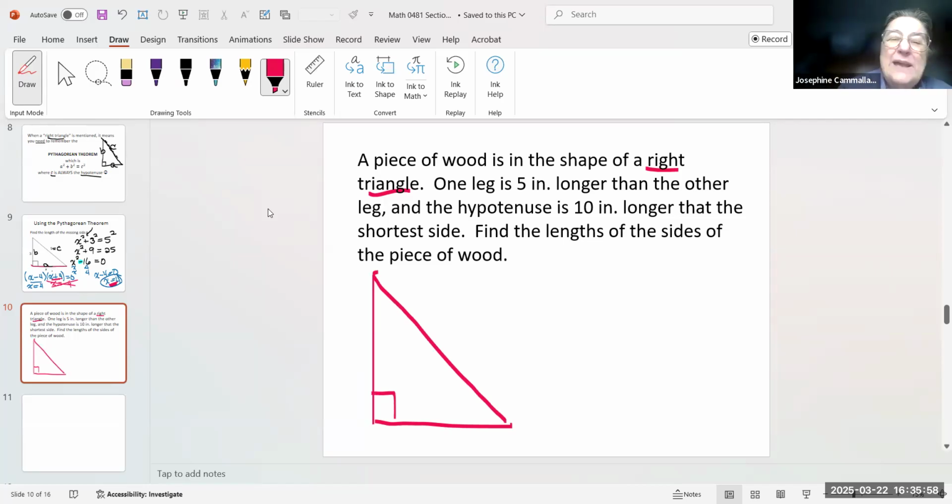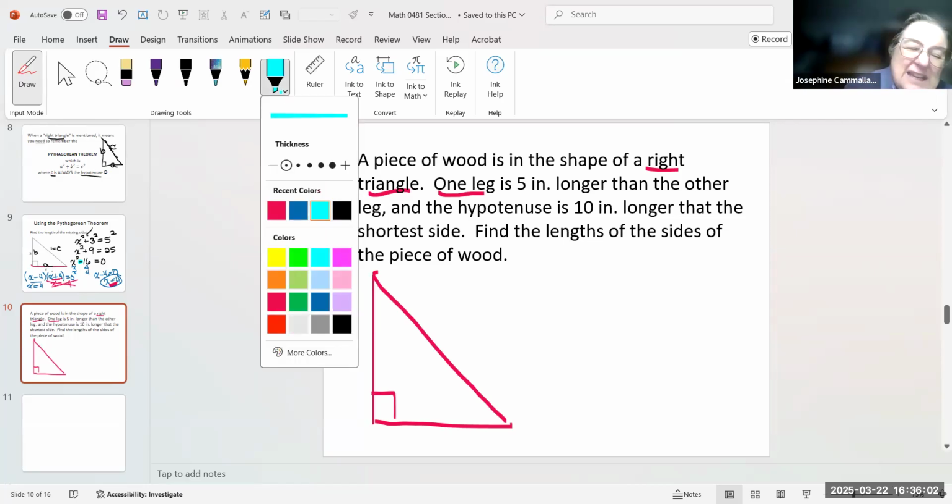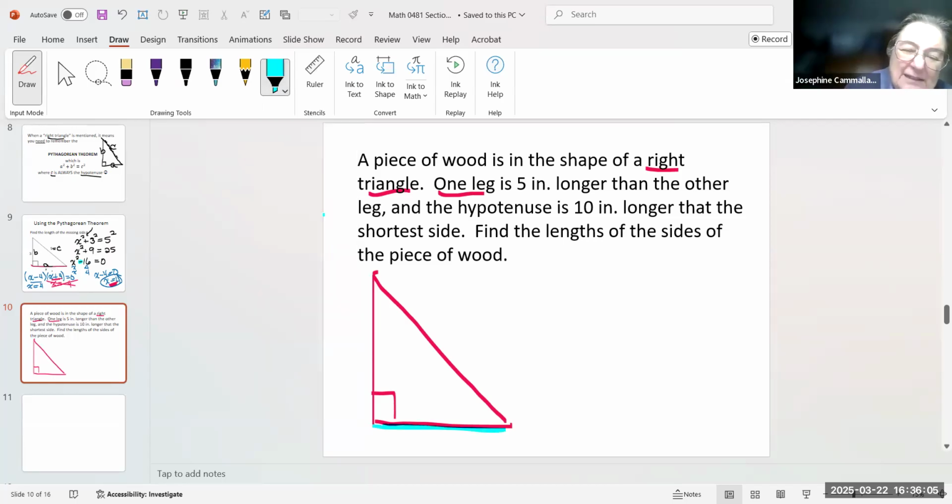Okay, now, one leg. And we're going to say, this is my one leg, is 5 inches longer than the other leg. This is my other leg.